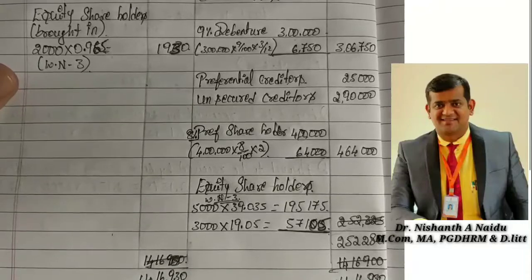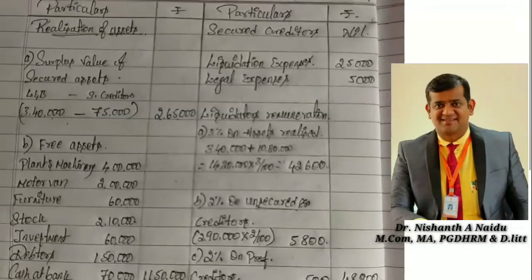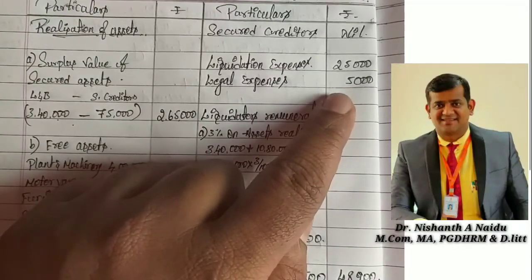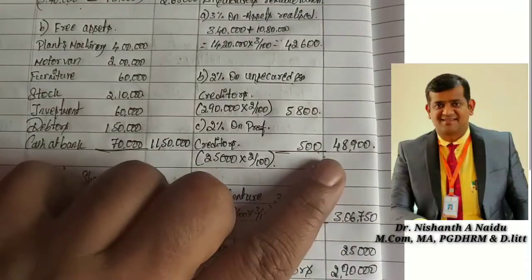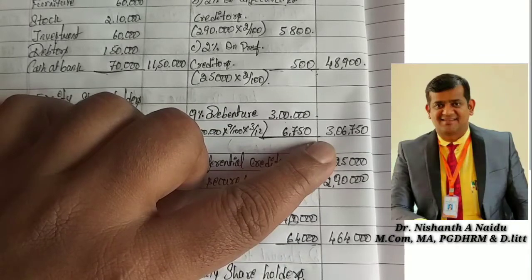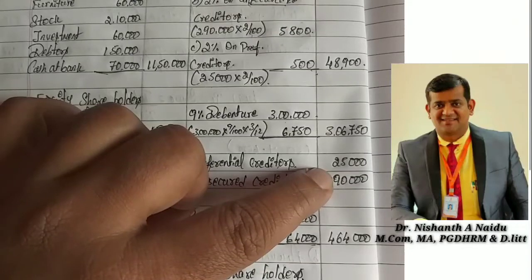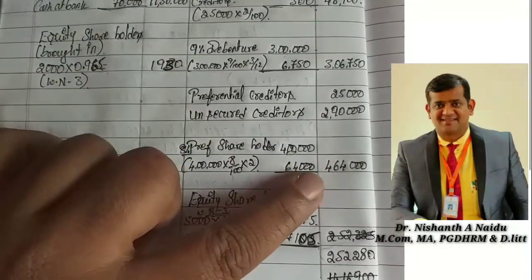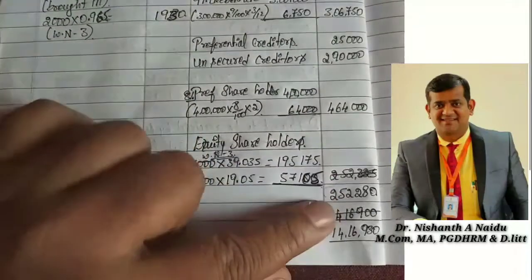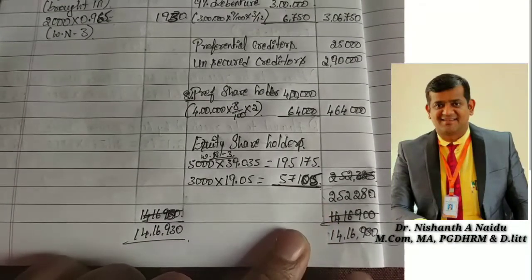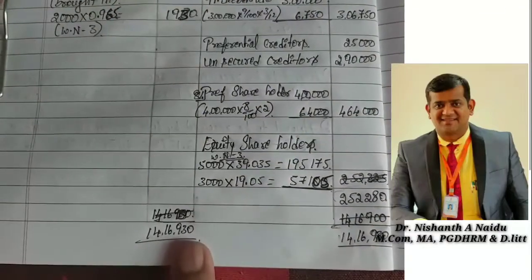Now if you total this side, let us check it once. 25,000 plus 5,000 plus 48,900 plus 3,06,750 plus 25,000 plus 2,90,000 plus 4,64,000 plus 2,52,280, that is 14,16,930.